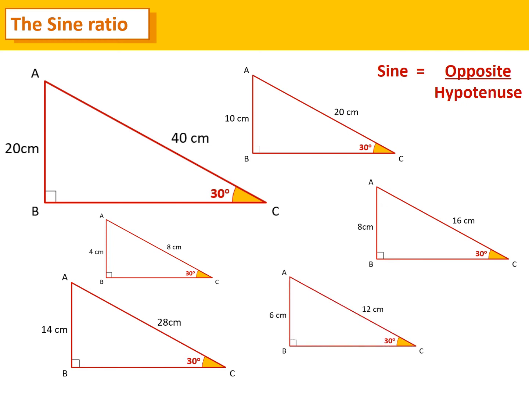And the ratios of the opposite side to the hypotenuse are all programmed in our calculators under the sine button, because that's what sine is. It's the ratio of the opposite side to the hypotenuse. So you can pick any angle, press the sine button and it will give you the ratio of the opposite side to the hypotenuse for a right-angled triangle with that angle in it.